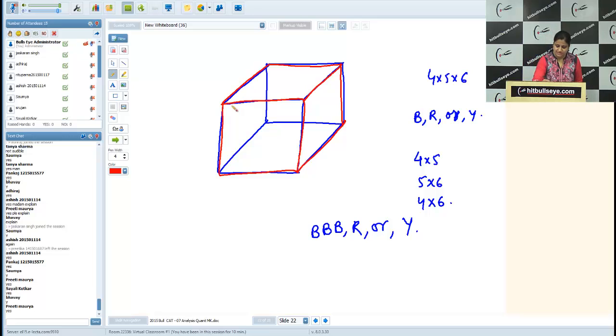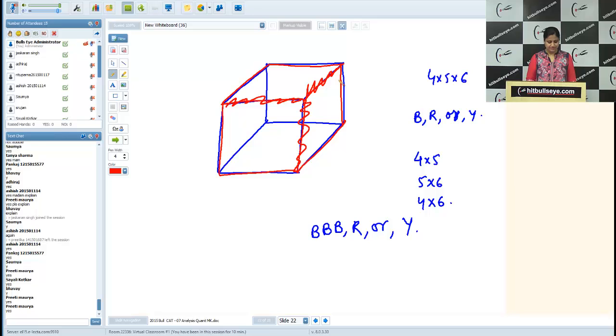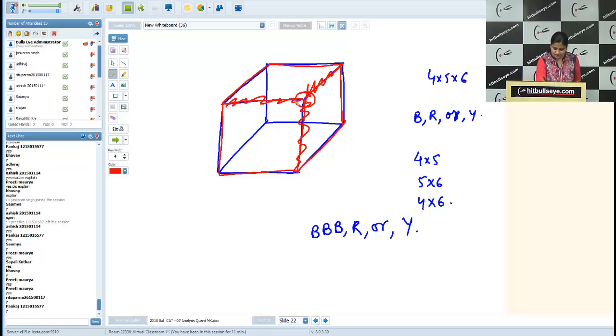See, you can see these 3 edges are common here. On these edges only we'll get our required cubes. Are you getting me? More than one face is painted with same color. So it will be this corner cube. Say this is 6, this is 4, this is 5.